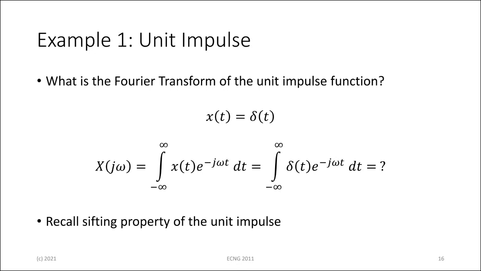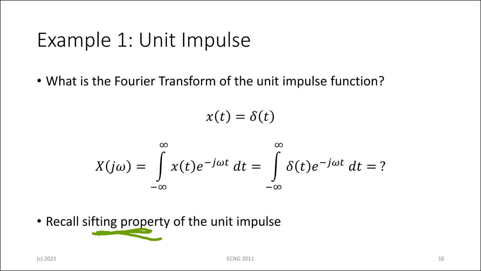So here's this now, and this will tie back to something else that we said early on. What is the Fourier transform of the impulse? Well, every time you are evaluating anything with an impulse, you have to remember the shifting property of the impulse. So the Fourier transform is the integral of x(t) e to the minus j omega t dt, and x(t) is delta t.